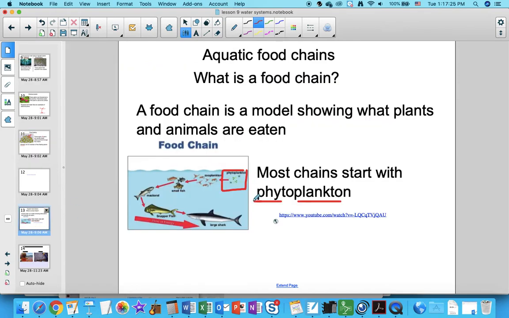If you see the word phyto, which sounds like photosynthesis, phytoplankton are plant plankton. There are zooplankton, which eat phytoplankton, which then get eaten by small fish, bigger fish, and bigger fish. And so this would create an aquatic or marine food chain, where one thing is being eaten by another.